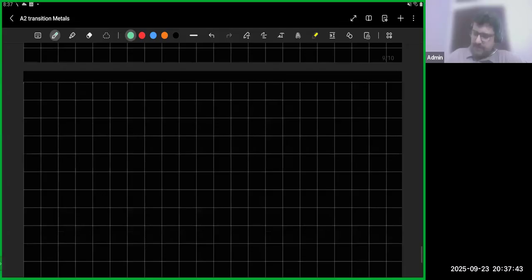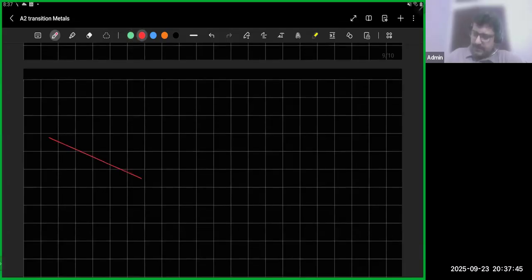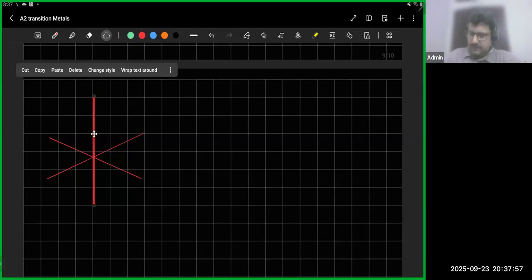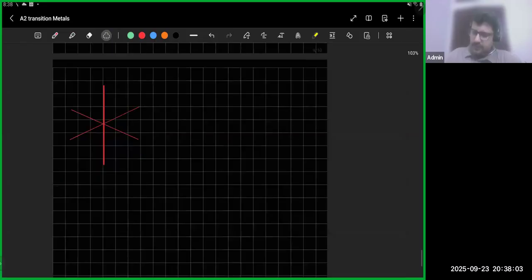So let's say this is my x-axis, this is my y-axis, and I've got a z-axis over here. And let's draw all 5 of them.